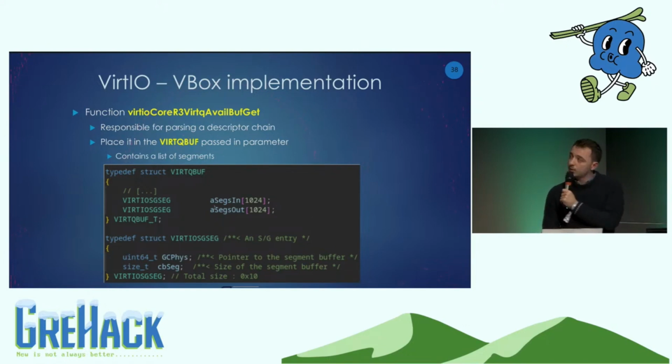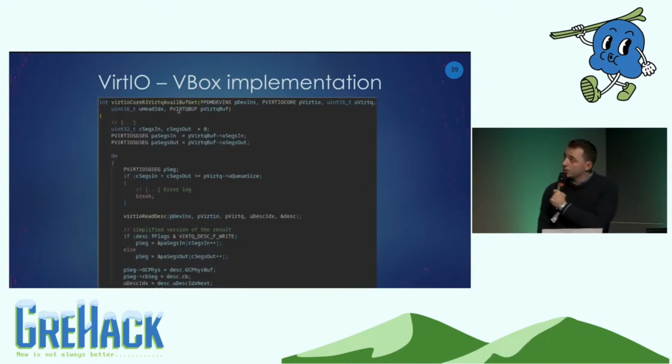There's a lot of things in the virtio_buf object, but what's interesting in it is the two lists of buffers. There are two lists of a fixed size, 1024, one for the in buffers, for reading, and one for the out buffers. And each buffer is represented by a physical address and a size, both on 8 bytes. So in input it takes a descriptor chain, and in output it is this.